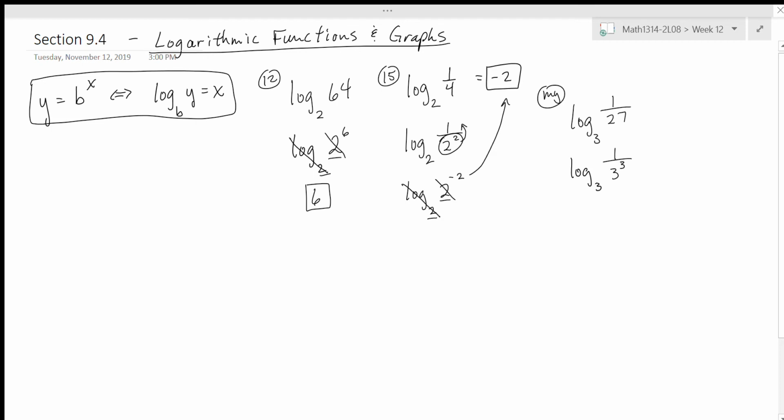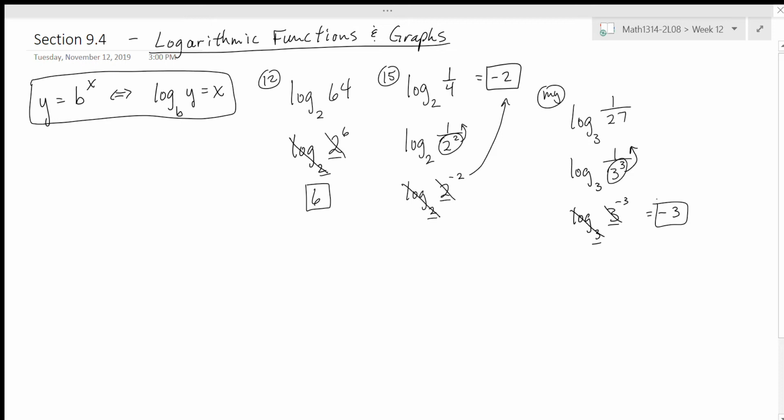Is it 3 to the third? 3 times 3 times 3, 27. So all I'm doing here is rewriting 27 as 3 to some power. And then I'm going to take the 3 to the third and move it up, which is going to change the sign of the exponent. And now I can see the bases match, so they'll cancel.